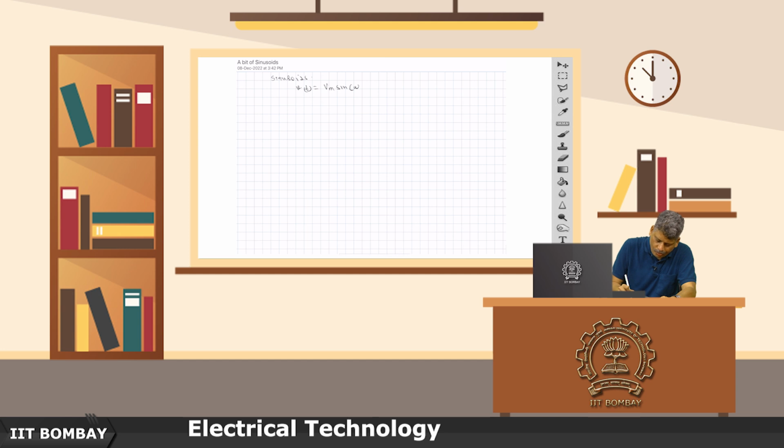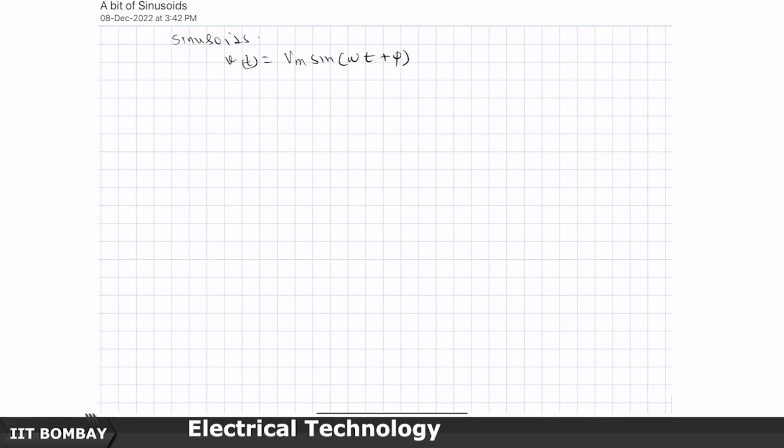Bm sine of omega t plus phi, and in India the frequency that we are having for our supply is 50 hertz. So, it is 2 pi into 50 equal to 100 pi radians per second.